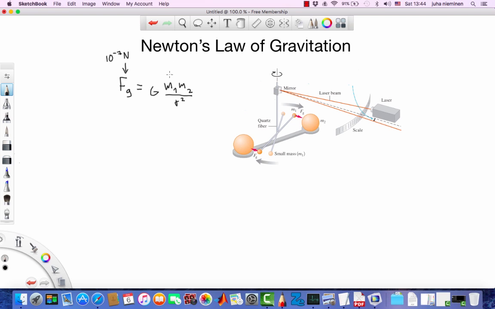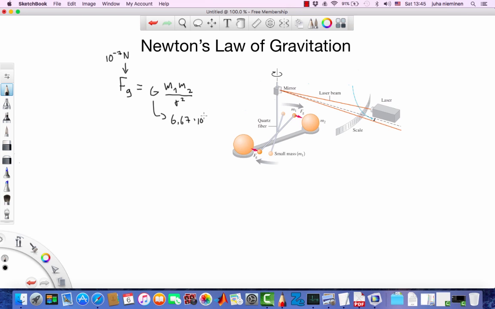But now, when he was able to measure the force, we know the masses m1 and m2, the big and the small balls, and also the distance between them. And from those results, he was able to establish a value for G. And he got pretty close to the value that is recorded nowadays.